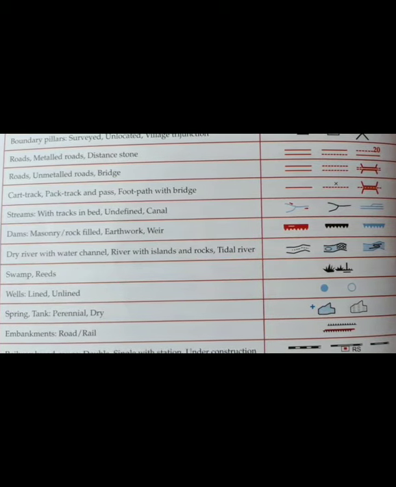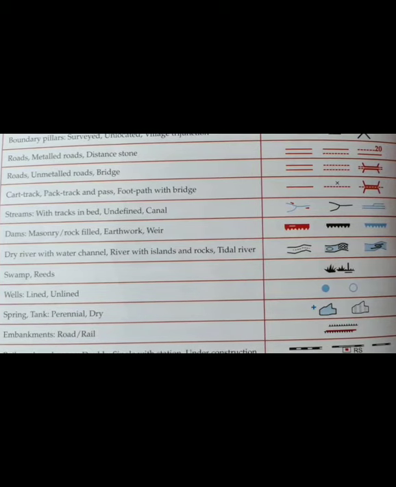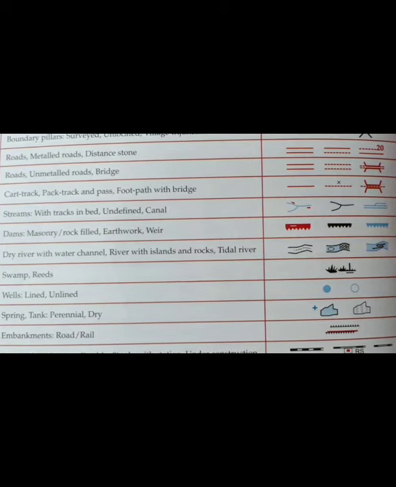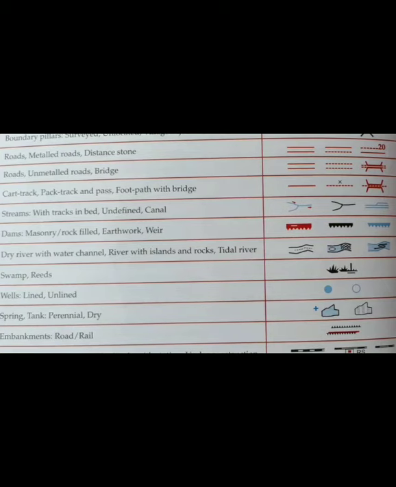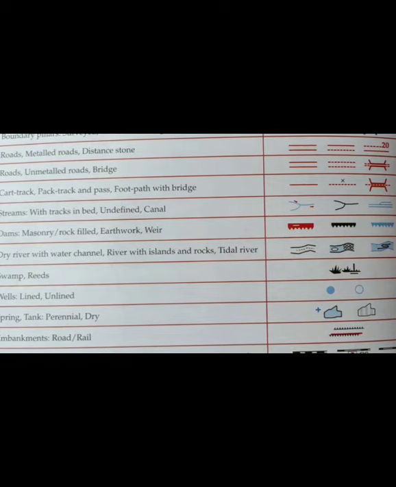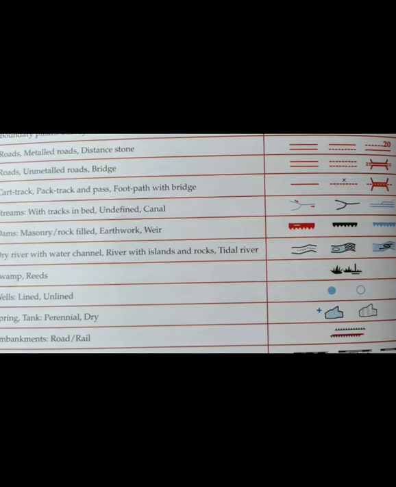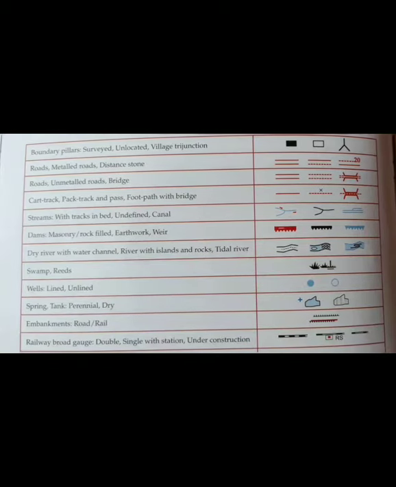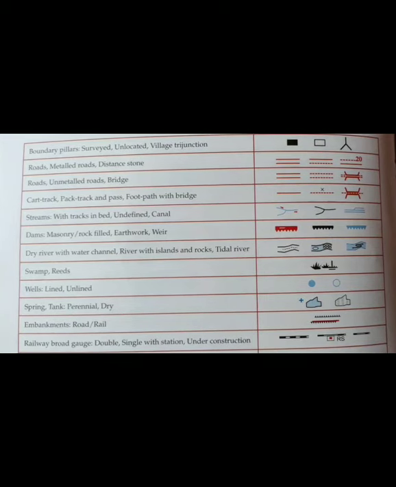And cart tracks, pack tracks, footpath with bridge, and passes. On a cart track the carts run, and a pack track is a track used only by groups of animals and human beings.